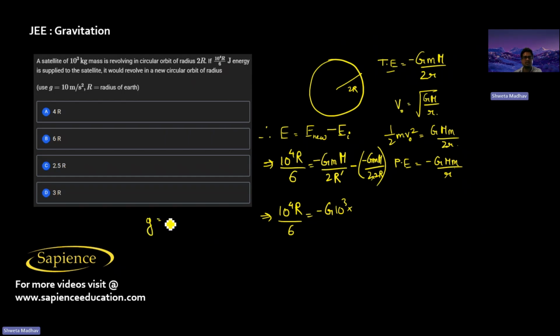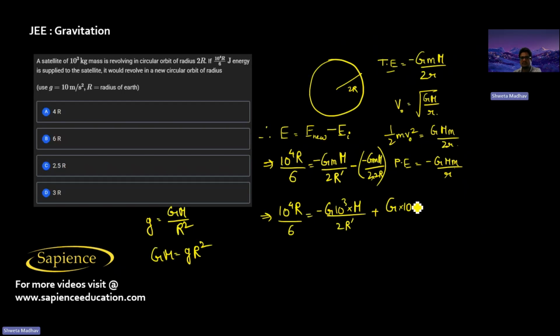G has been given at this time, so g is equal to GM by r square, so GM I can say is equal to g r square. This is g into M by 2 into r dash plus g into 10 power 3 into M by 4r. Now 2 I can cancel out, 2 to the 4, 2 to the 6. So this is 10 power 4 by 3. The 10 power 3 also I can take as common, and this I can cancel out.